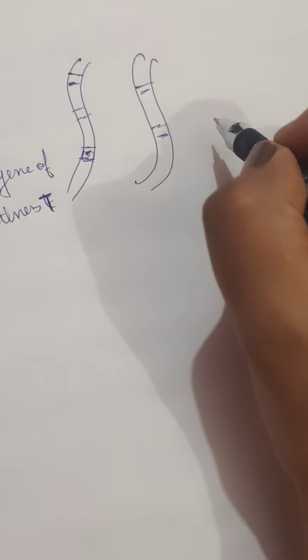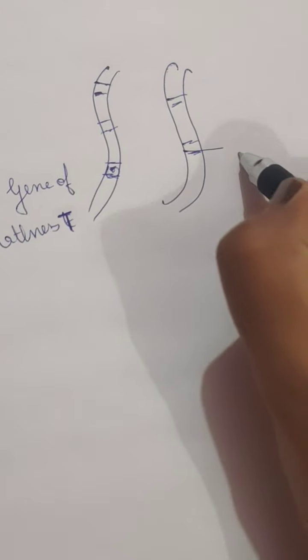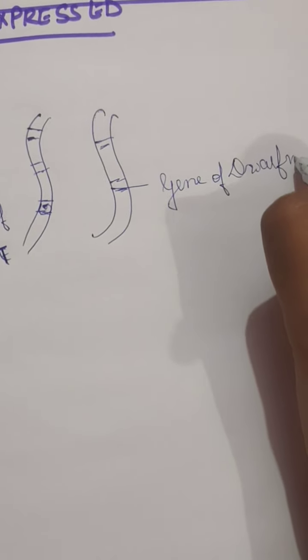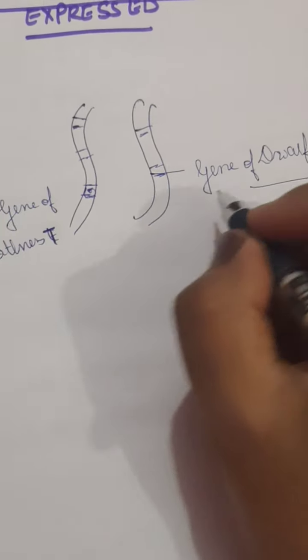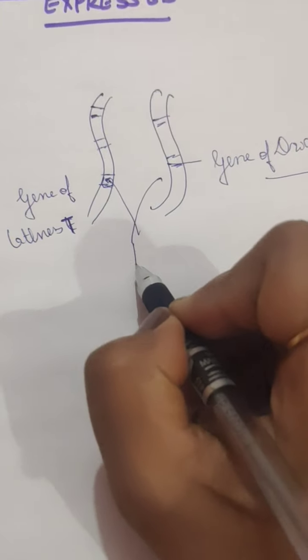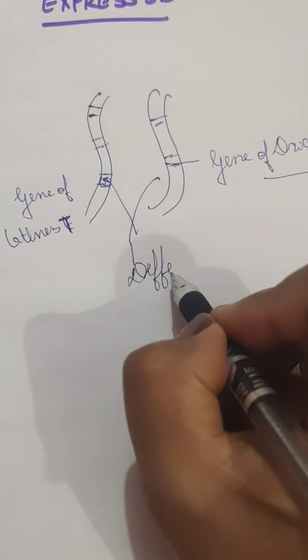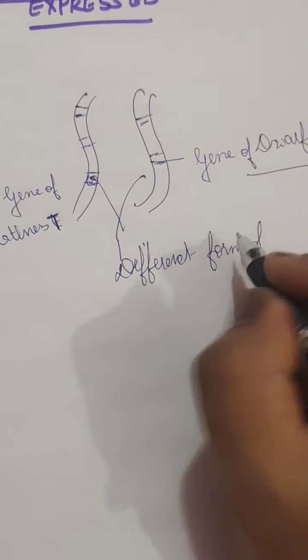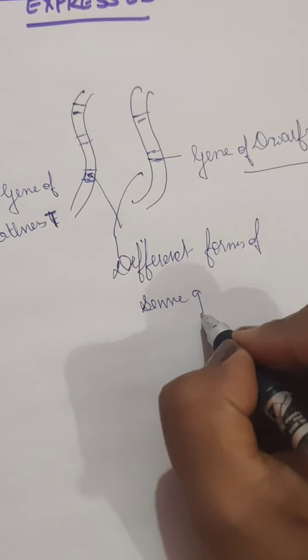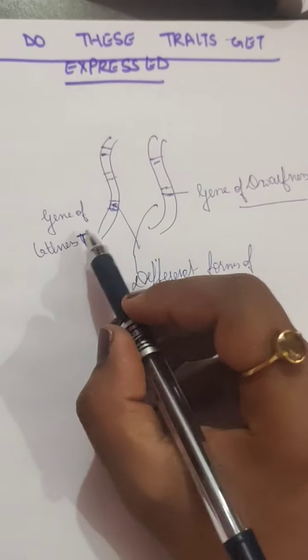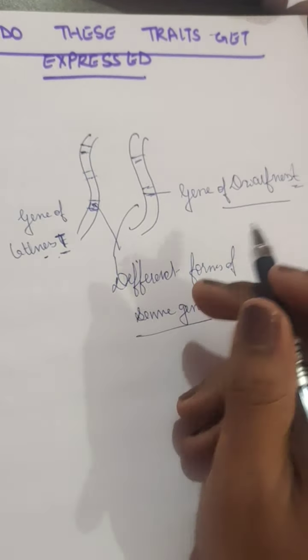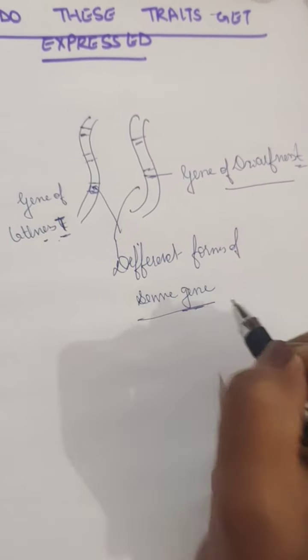So this is the gene of dwarfness. Okay, so these are different genes, because this is the gene of tallness and this is the gene of dwarfness, but these are the same kind of genes because these genes are responsible for height.